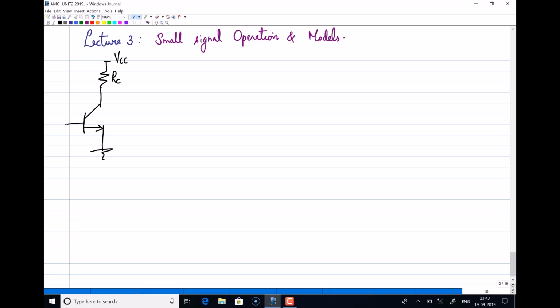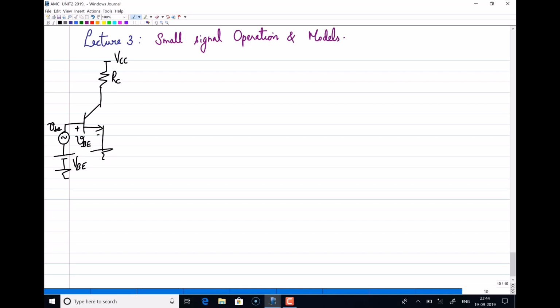To the base terminal a small signal is given and a DC voltage is also given. Between base and emitter the junction should be forward biased. I mark this DC voltage as capital VBE, and the small signal as small v be. That means from base to emitter you have a composite signal.